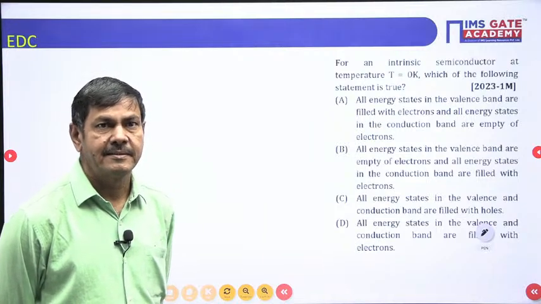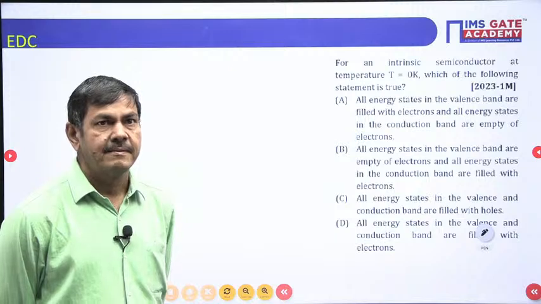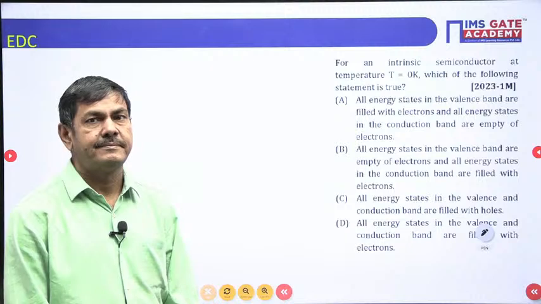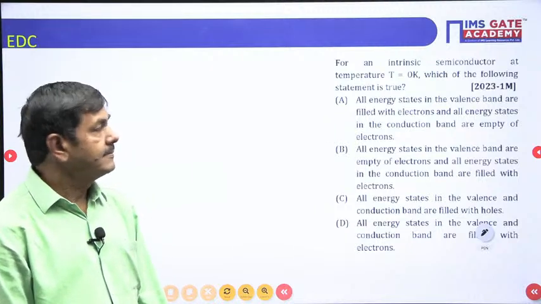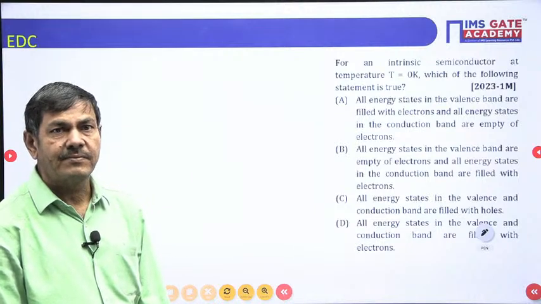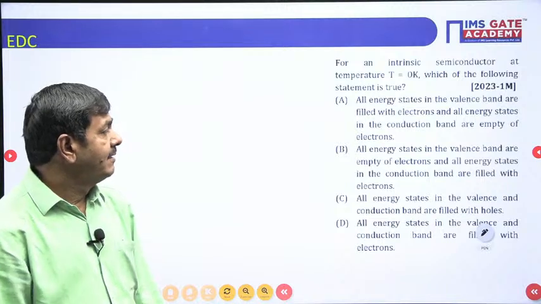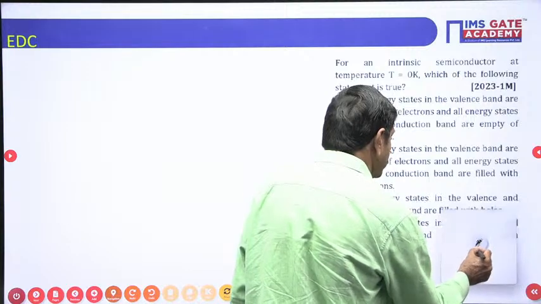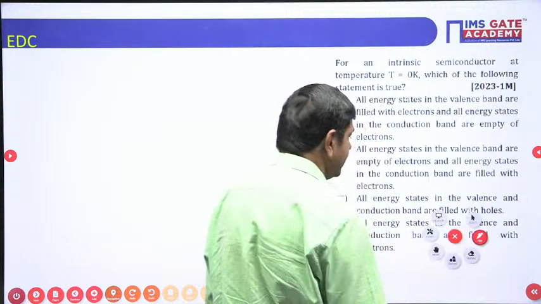Anybody can give the answer for this question? In this problem, I will just read out the question, and after that I will explain.